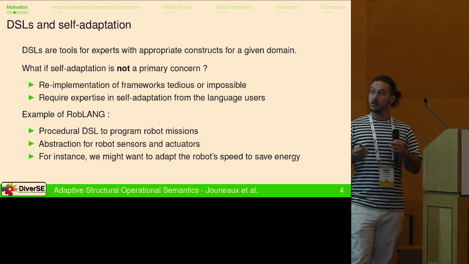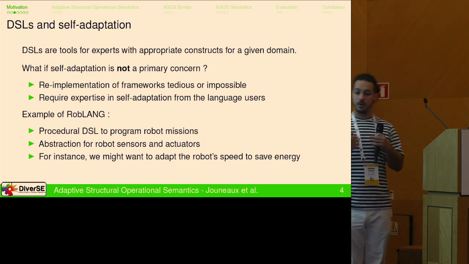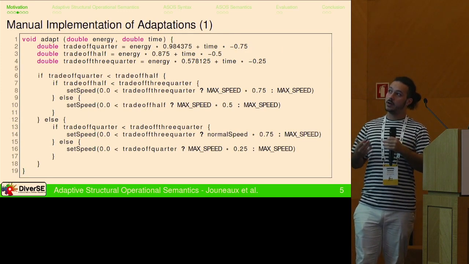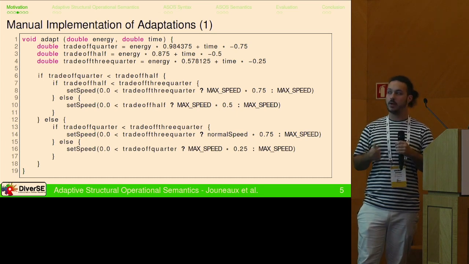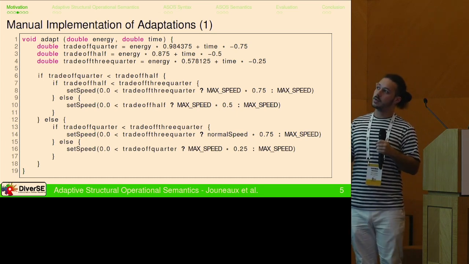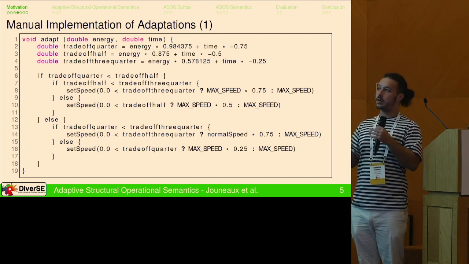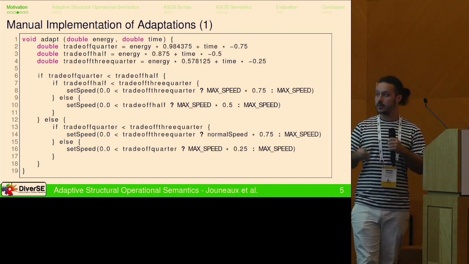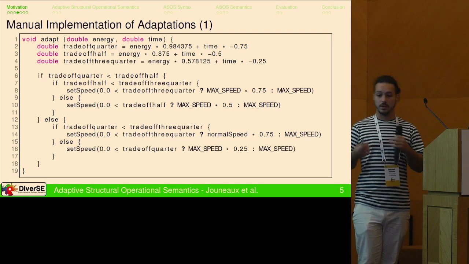And so, if we have difficulties using a framework or have to code that by hand, we fall back to a kind of method programming where we have an implementation of a kind of trade-off reasoning at the top, and after that you have the effects of this trade-off reasoning with different conditions, which can be error-prone and tedious.